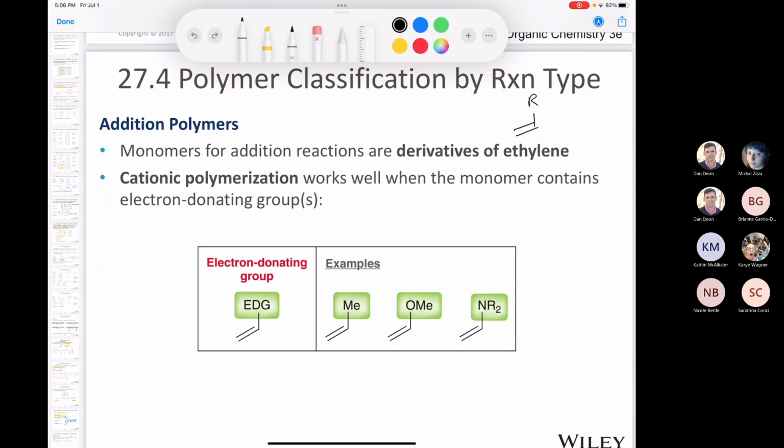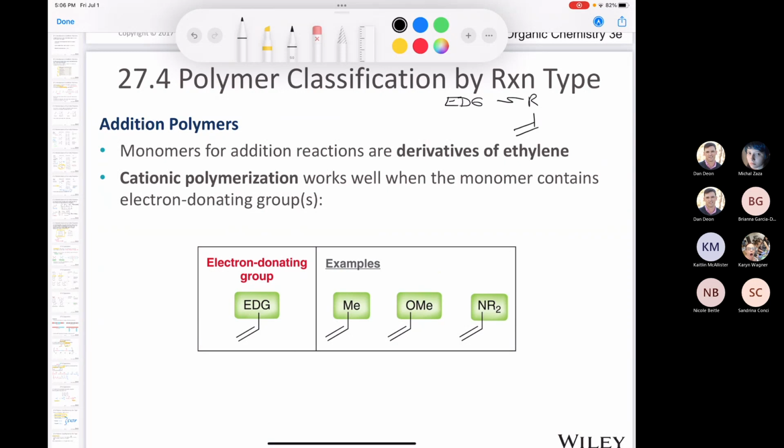We're going to see in this section that we're going to usually just have one R group on our ethylene derivative. However, when we're making a cationic polymerization process, it's going to work well if the monomer contains an electron donating group. So this R group here has to be an electron donating group. And you can probably guess, even if you haven't looked at the next slide, why is an electron donating group a good thing if your cation is going to be an intermediate?